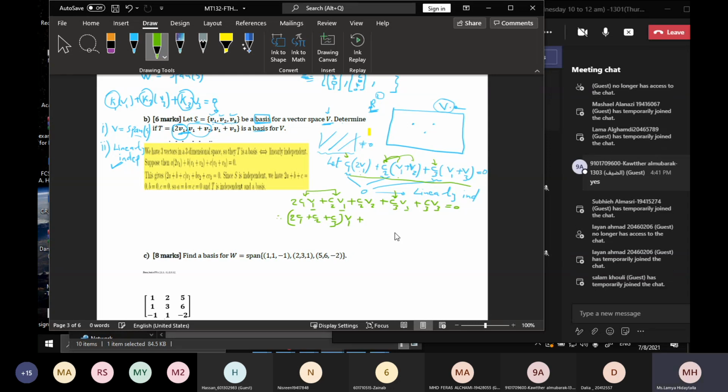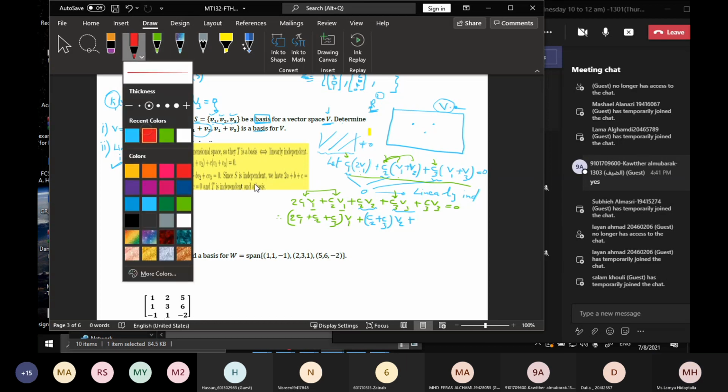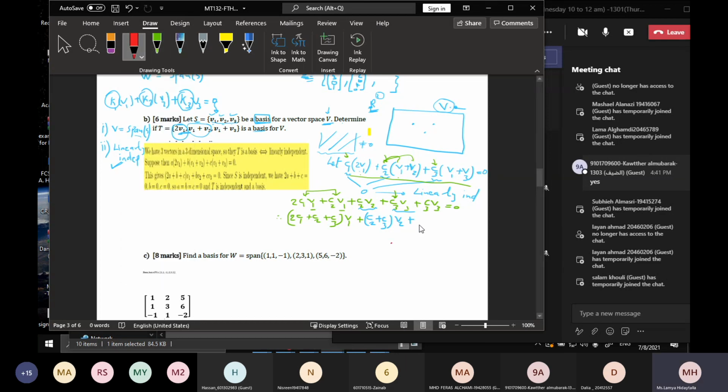plus, now those for V2. This one is for V2, and this one for V2 as well: plus (C2 plus C3) times V2. Then what remains is V3, and this one is alone, right? Plus C3V3 is equal to 0.